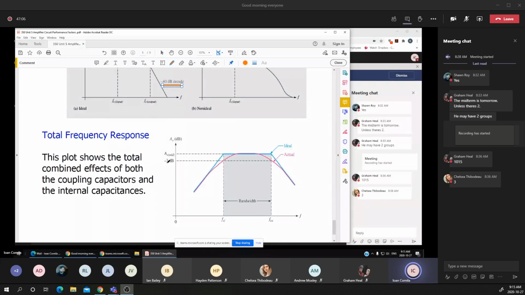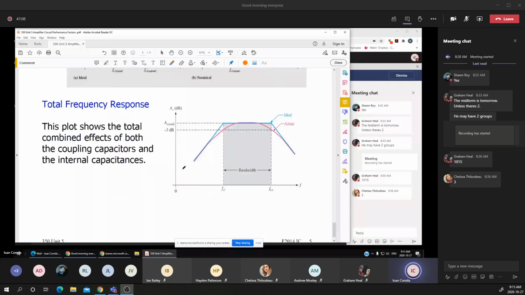Now, if we are trying to define the bandwidth for an amplifier, or a receiver, in the same way we have to define the lower critical frequency and the upper critical frequency.